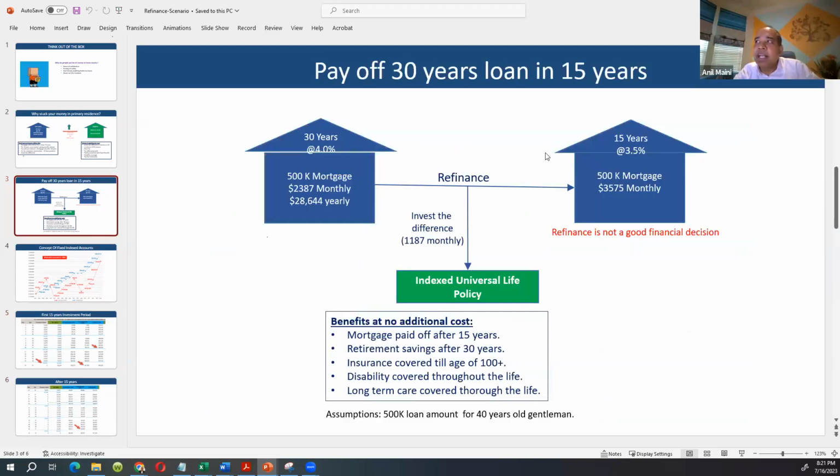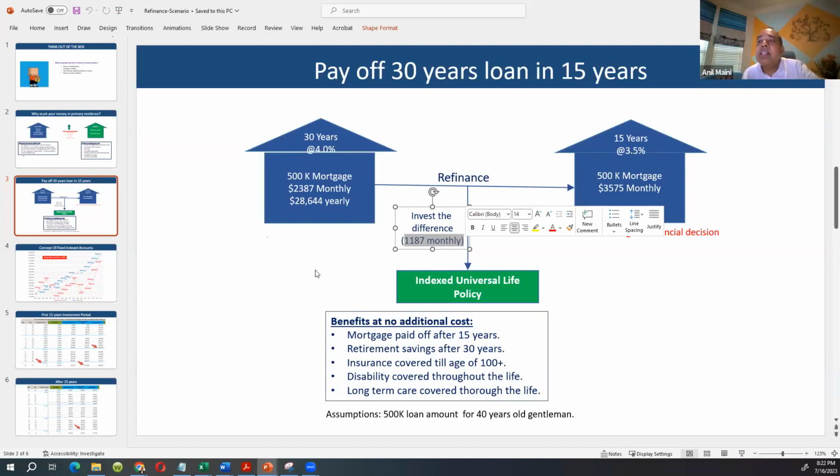The wife is saying let's pay off our loan in 15 years. The husband understood our strategy and said no, let's keep it at 30 years. But what we will do is pay to the IUL the remaining difference that we would have paid to the bank. Instead of paying the bank, we will pay to the IUL only for 15 years. Then from the 16th year, we will take our whole monthly mortgage payment from the IUL and pay it to the bank.